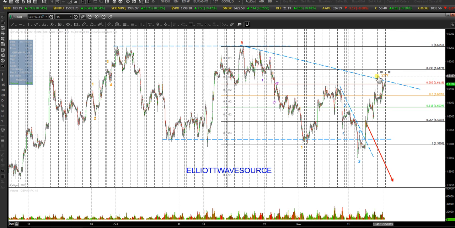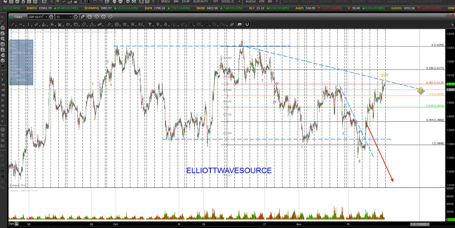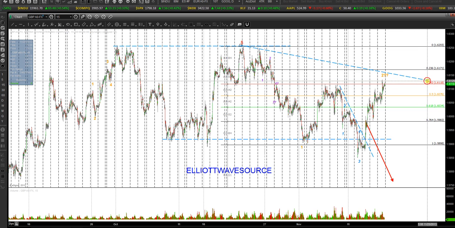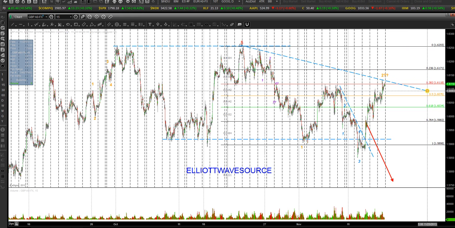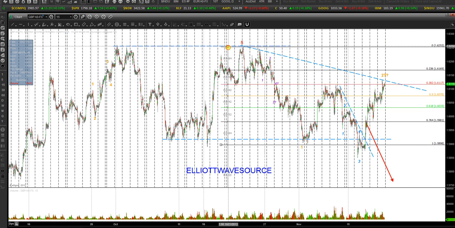So with that ABC, we see that prices have still found resistance at this descending trend line, even though I could adjust the trend line and it would push it up here towards that 76.4% fib. But as of right now, you see that it's right there. So let's just try to take a look at the relationship between waves A and C.